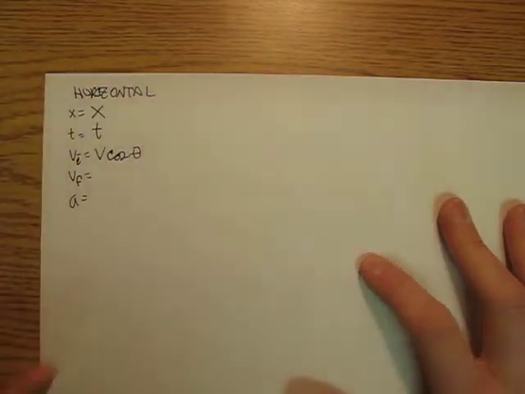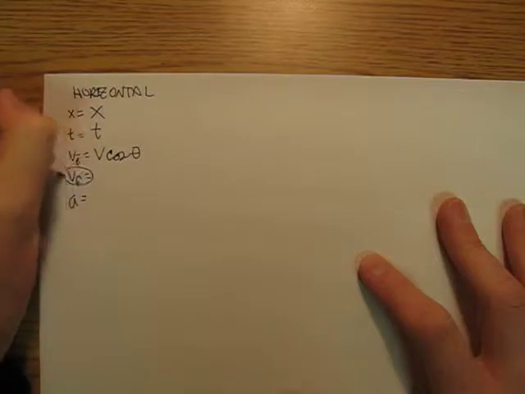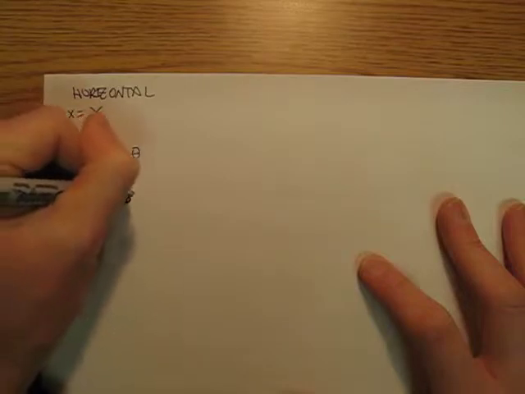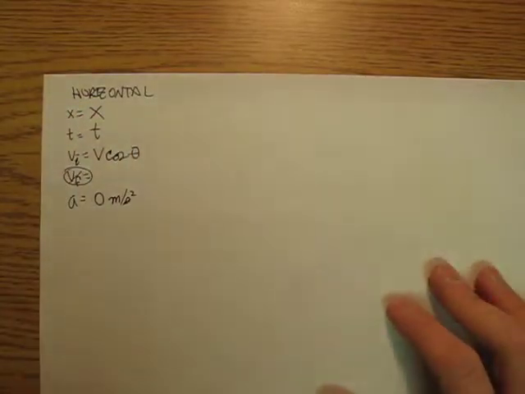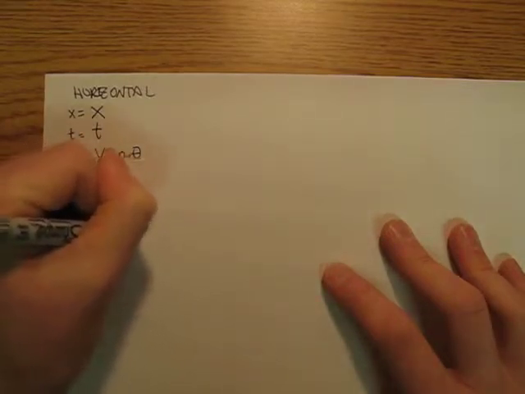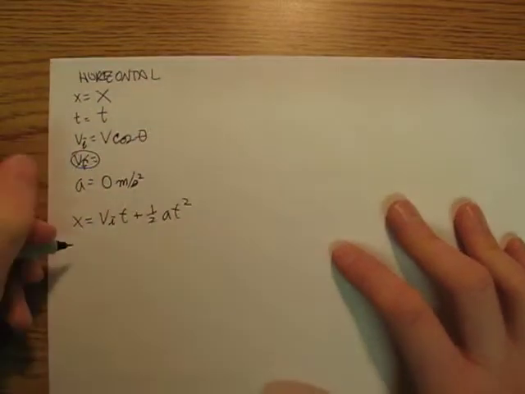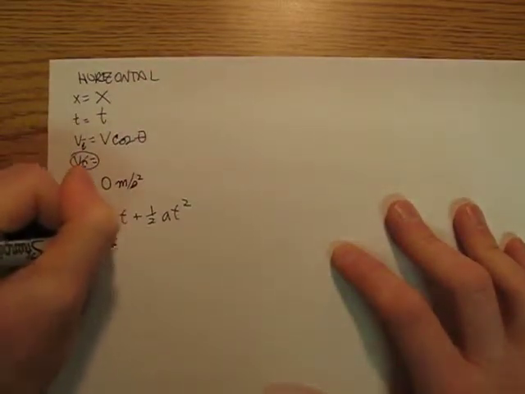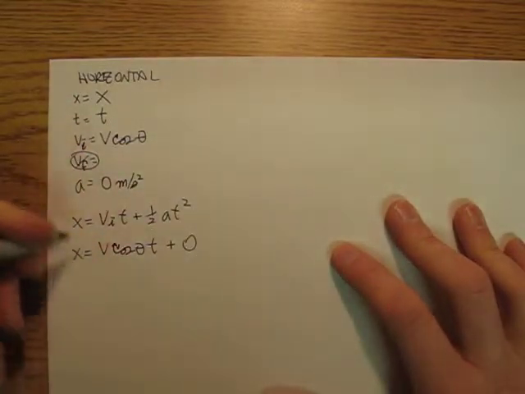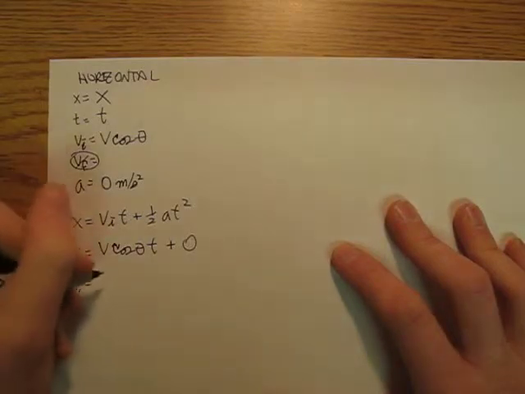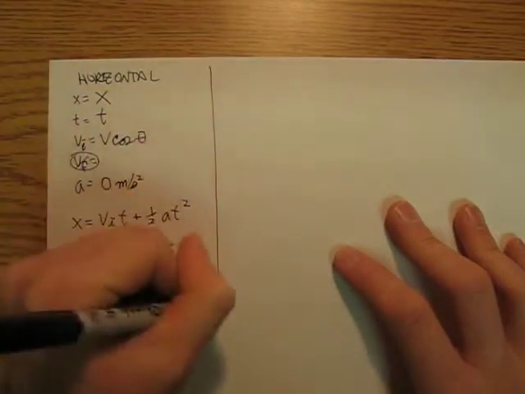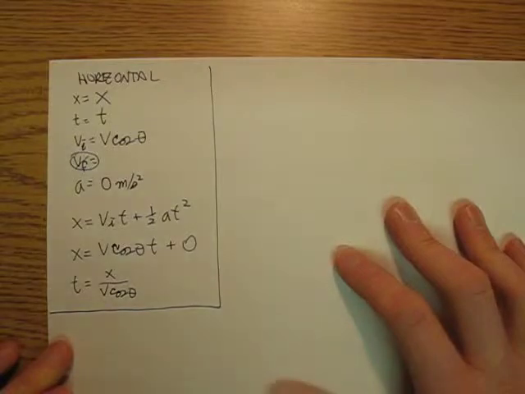The people in the Picnic Deli probably very much care what the final velocity was, but we don't, and we say that its acceleration horizontally is 0 meters per second squared. So now that's going to give us x equals vi t plus 1/2 at squared. X equals v cosine theta t plus 0. And I'm going to rearrange this, so I get t equals x over v cosine theta. And that is my horizontal situation.